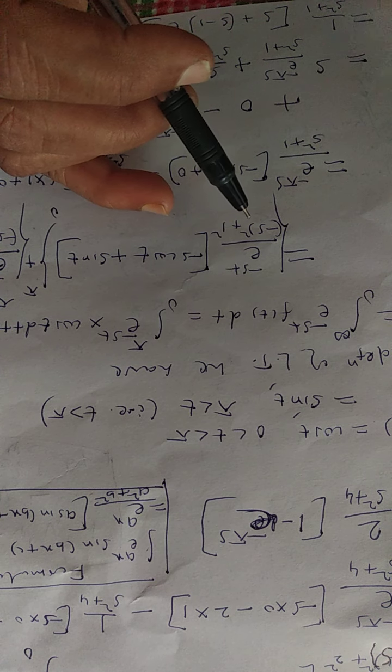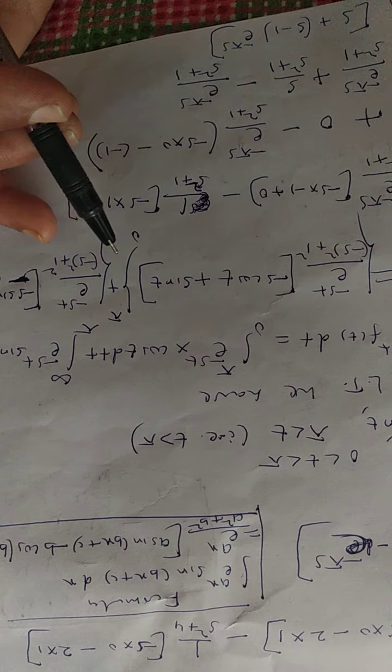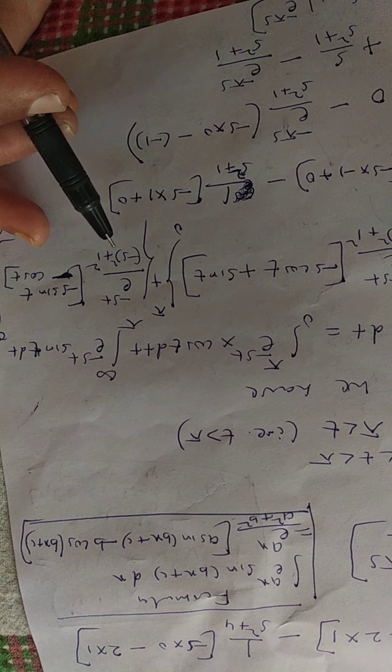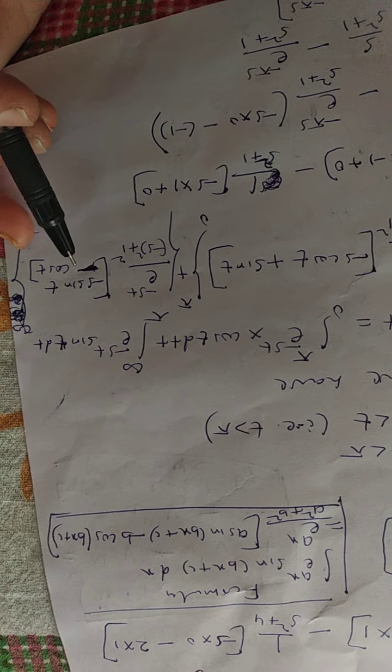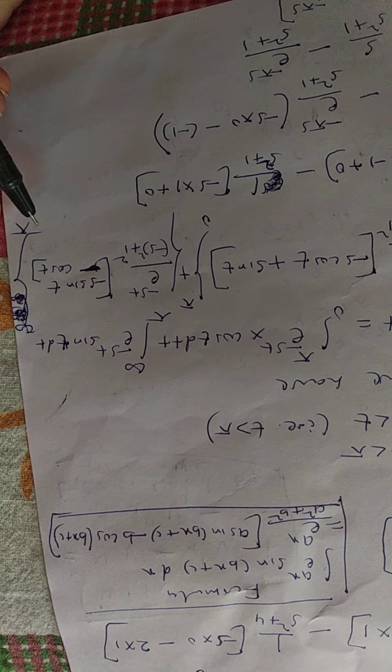e raised to minus st upon s square plus 1 into bracket minus s cos t plus sin t, the limits are 0 and pi, plus e raised to minus st upon s square plus 1 into bracket minus s sin t minus cos t, the limits are pi and infinity.